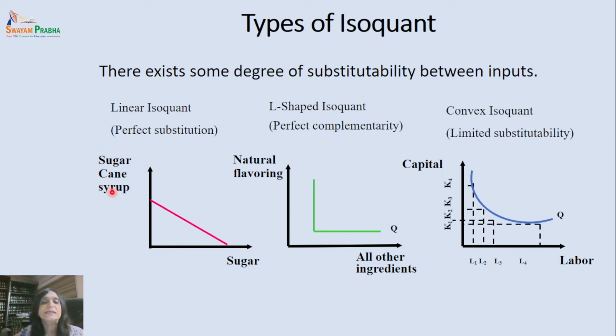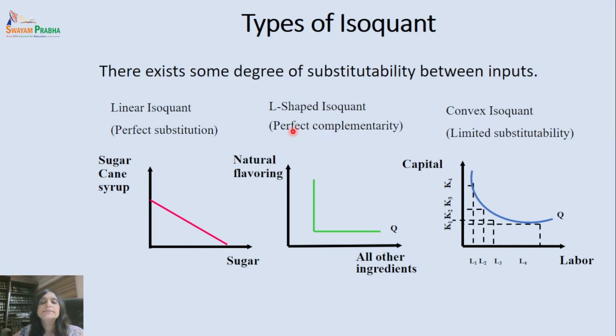For example, sugarcane syrup or sugar, both these inputs are completely substitutable. That is, you can completely use sugarcane instead of sugar. There will be no change in the type of taste that you are getting for the product that you are manufacturing.